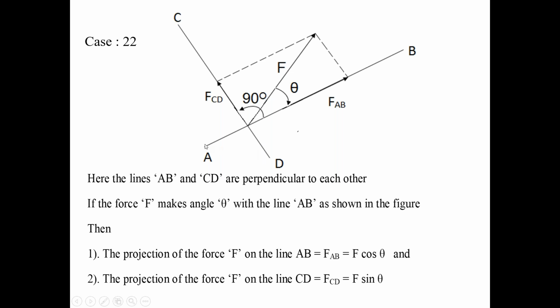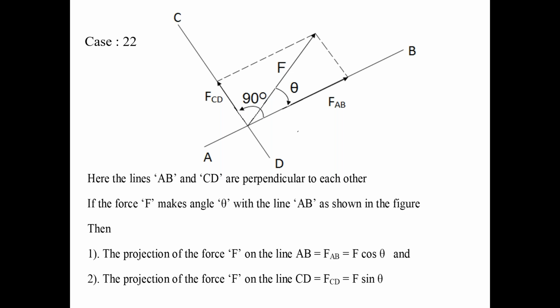Two lines are there in this diagram. Line AB, line CD. These two lines AB and CD are perpendicular to each other.